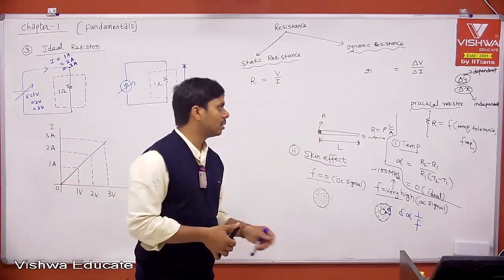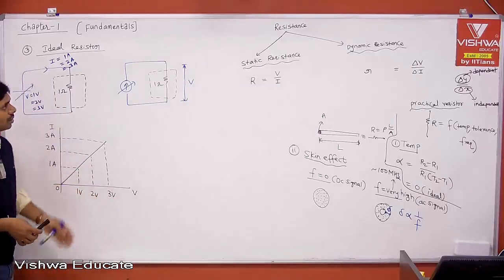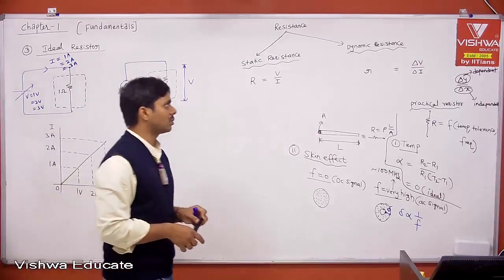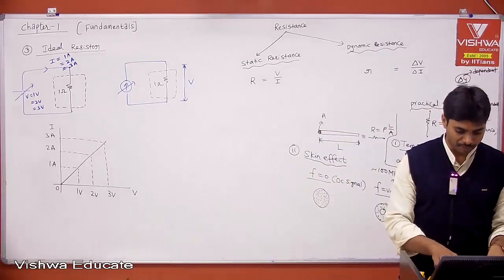Just write this, then after that you can write this, then let's see static resistance versus dynamic resistance. Try to write quickly.